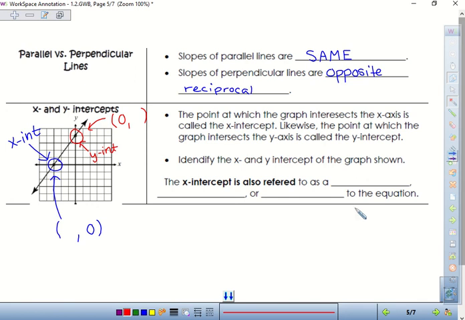So the x-intercept is also referred to as, any ideas? No one? Alright, I'll give you the first one. It can be called the 0. Does that ring a bell?